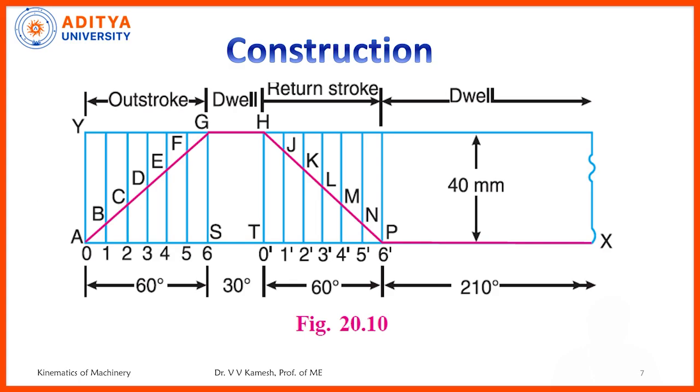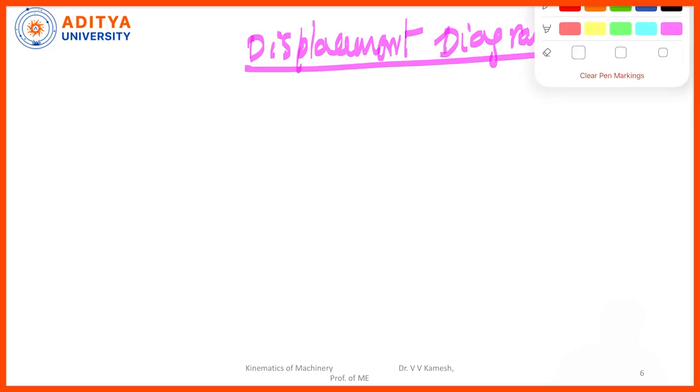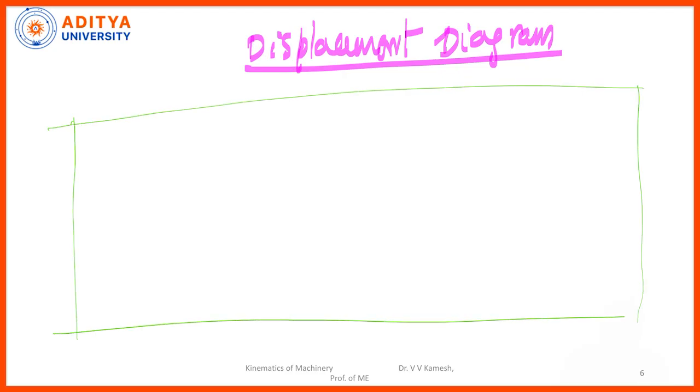First we will go for the displacement diagram. What we need to draw first is a line from 0 degrees to 360 degrees.